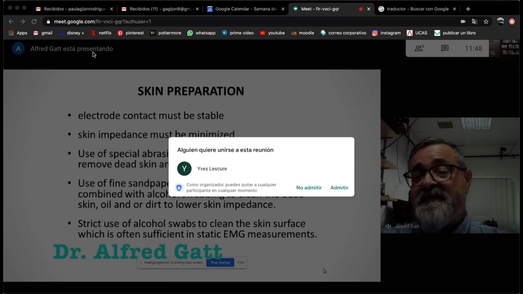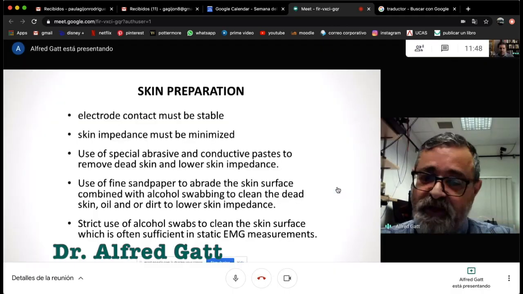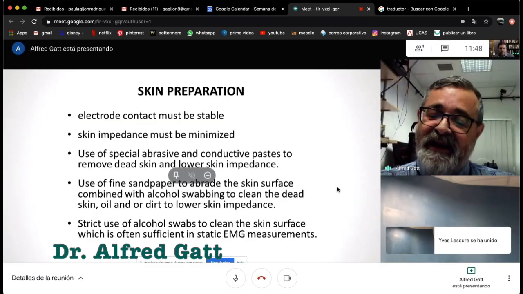Skin impedance must be minimized by removing any oils, through the use of alcohol swabs and the use of fine sandpaper to abrade the skin surface, because as we know, our skin is covered with keratotic skin that, as much as possible, must be removed before putting on our electrodes in contact with the skin.